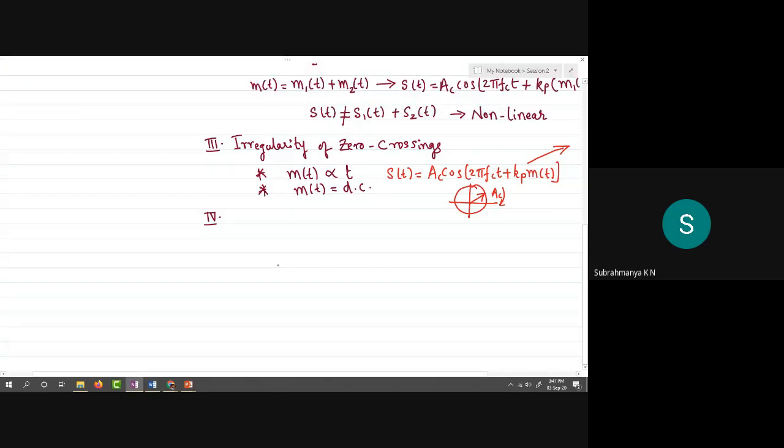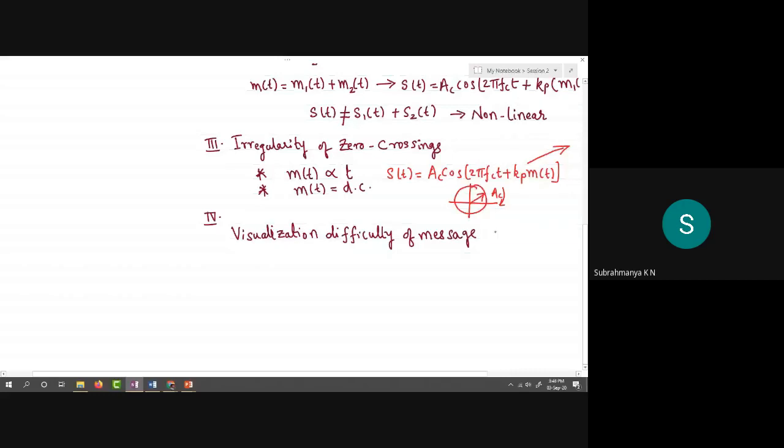The fourth property is with respect to its observation, where you can say that visualization of angle modulated waves is difficult. As I told earlier, if you are given just two waves, it's very difficult to identify the nature of the message signal.